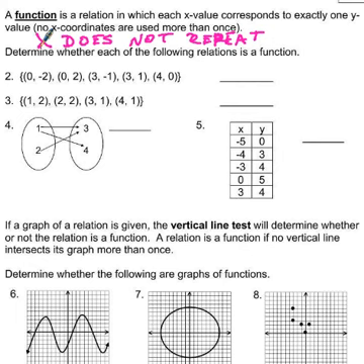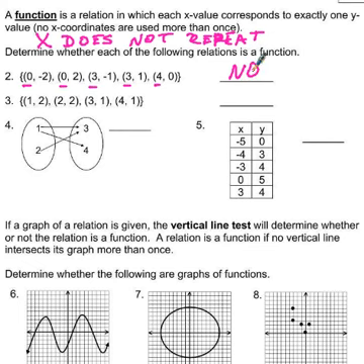On this first one, I don't care what the y's are doing, I'm only going to look at the x's. So I'm going to underline all these x's so I can focus in on those. If I have any repeating values, then as soon as I have one repeat, I'm done. Not a function. So I have 0, 0. I don't even have to look at the rest of it. Definitely not a function, and plus these 3's here mess it up too.